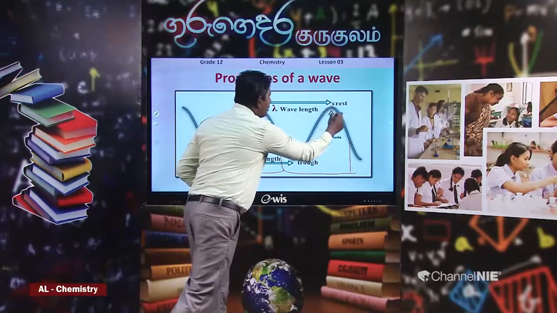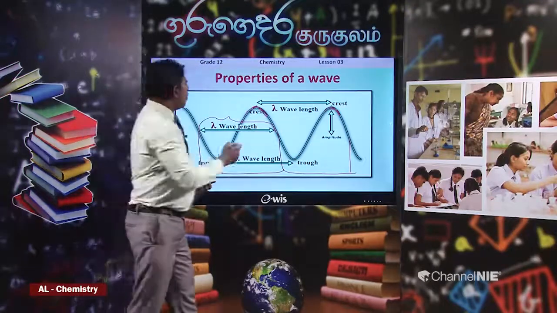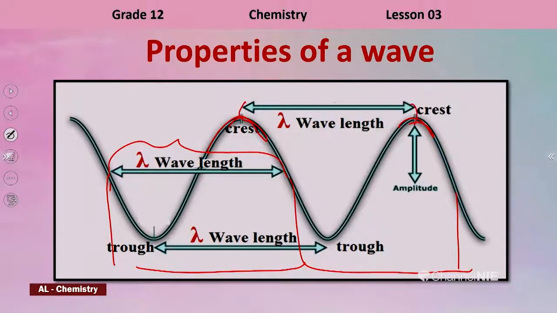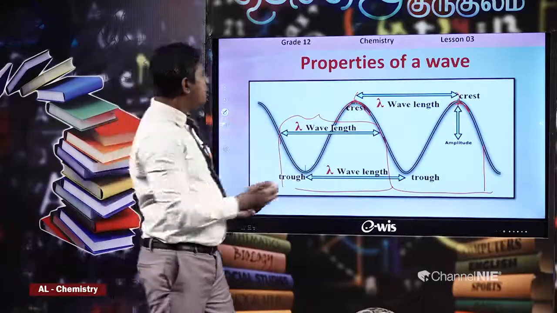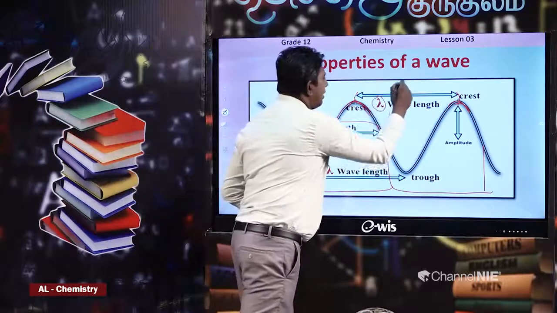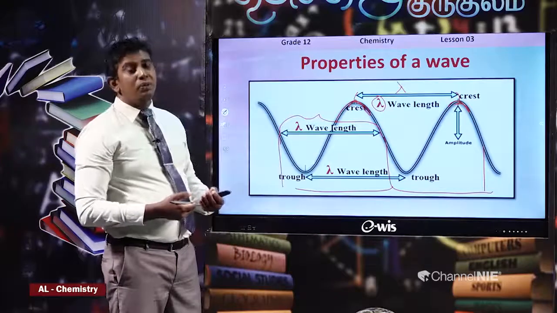You get two adjacent crests, or let's call them peaks as well. Then you find the distance between two adjacent crests, which gives you the length of the wave, the wavelength. We denote it by the letter lambda.